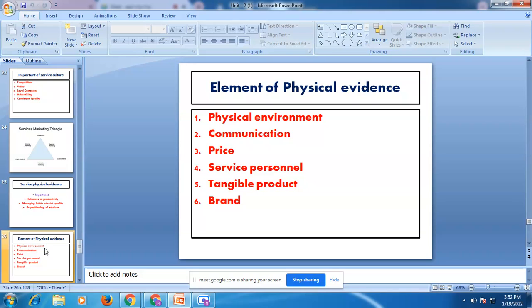Next is tangible product. Service providers also tend to offer a tangible product to the customer to enhance the service experience. Next is brand. Brand or corporate identity can act as a tangible element for the service firm.